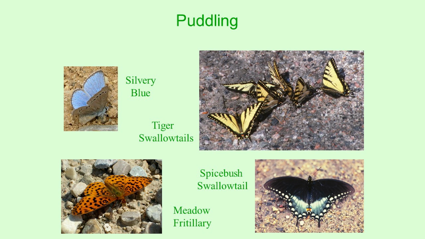And usually it's kind of a gravelly spot where you will find this. And they will suck up the water, sip up the water, and get some minerals at the same time.